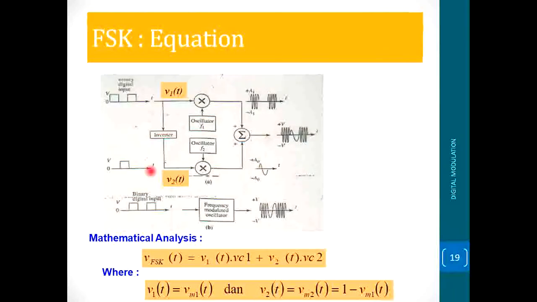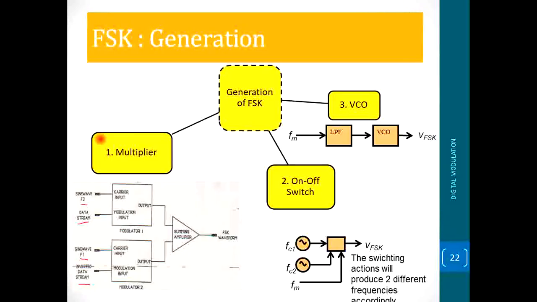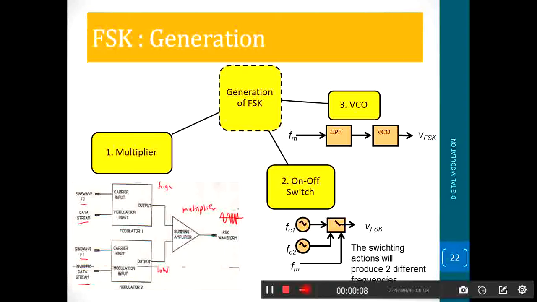This is the block diagram, and this is the multiplier, summing amplifier for both of these, and we get the high frequency and the low frequency, and the output is the combination of high and low frequency.